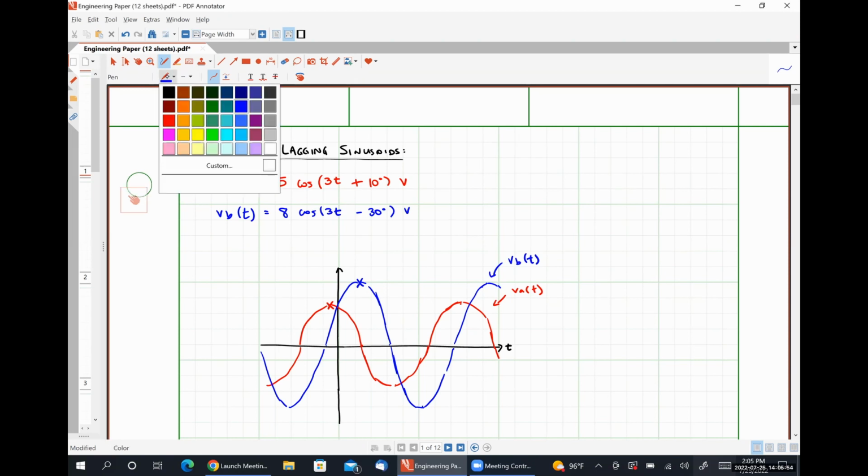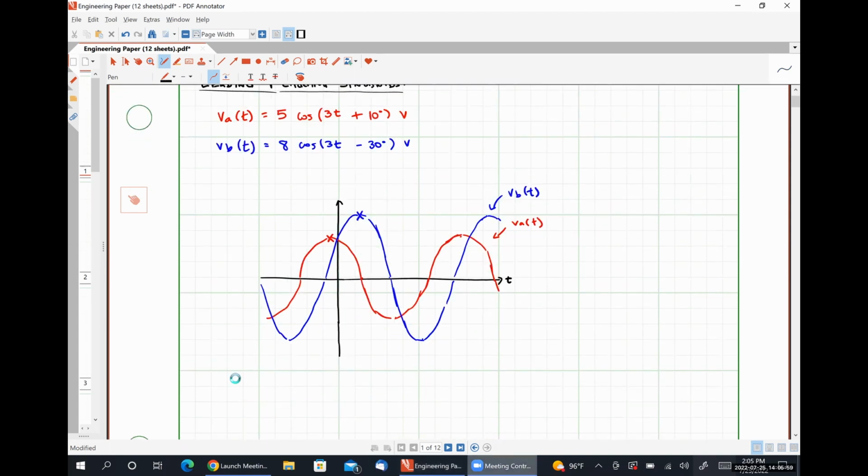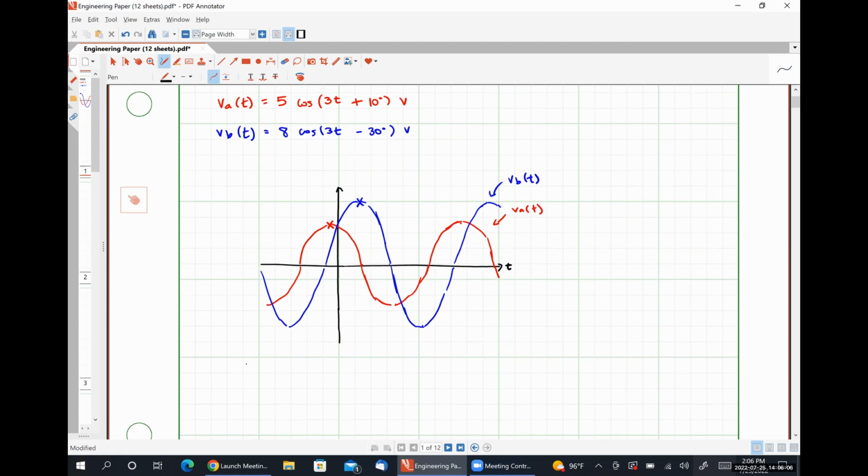All right, so what we can say about this particular set of signals is that VA of t leads VB of t by some amount to be determined, and we'll talk about that in a minute.